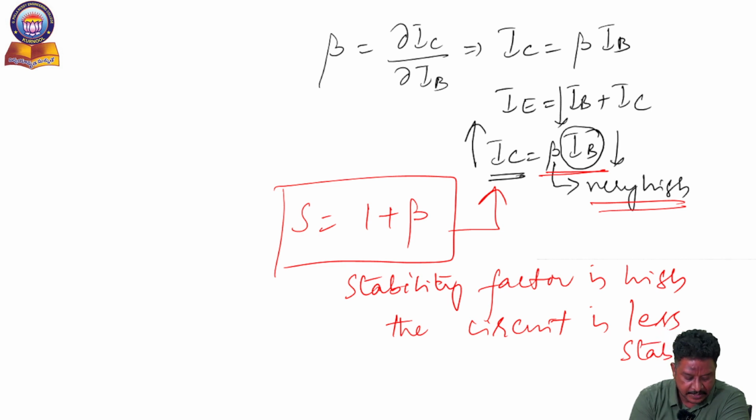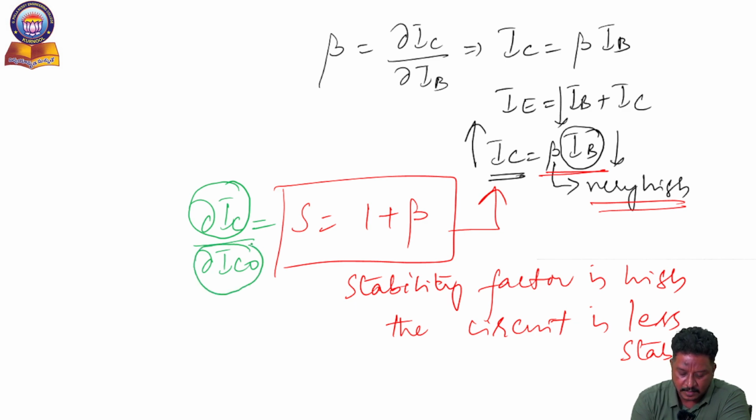So what do you understand from this? If the stability factor is very high, what does that mean? Indirectly, it is the change of collector current with respect to change of reverse saturation current. When the numerator value increases, it means the collector current is highly dependent on the reverse saturation current.